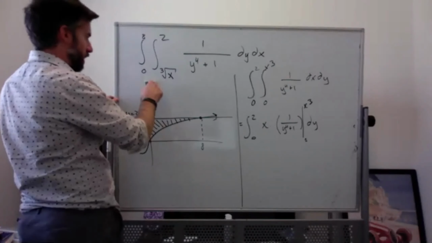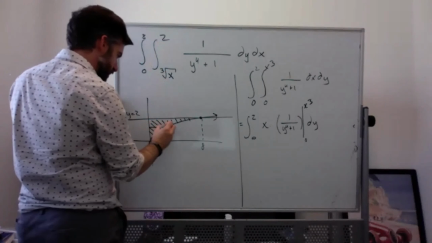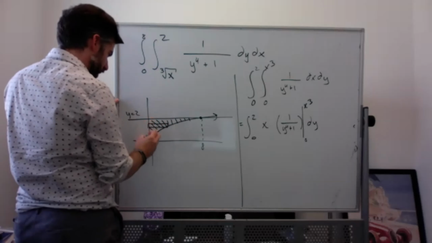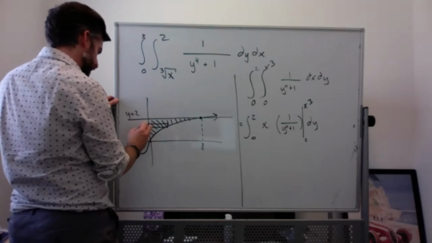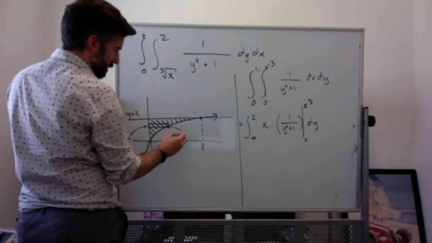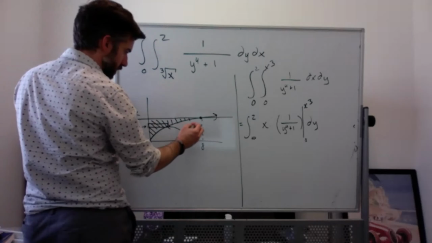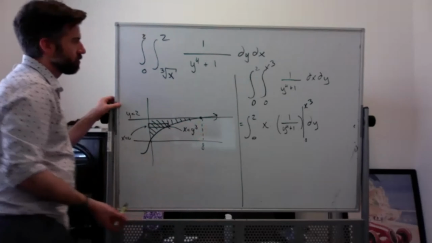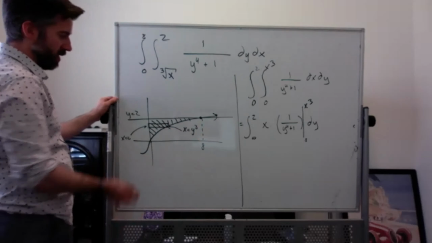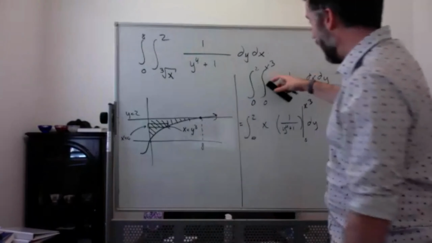So instead of doing y equals this to y equals this, I am going to draw a horizontal strip and go from as far left as x equals 0 to as far right as, instead of y equals cube root of x, it's going to be x equals y cubed. So that's what this region should be, and the y's are from 0 to 2. So this actually should have been a y cubed up here.